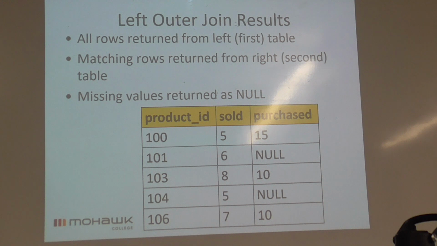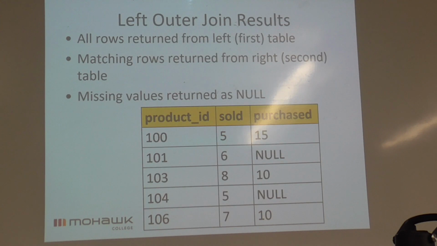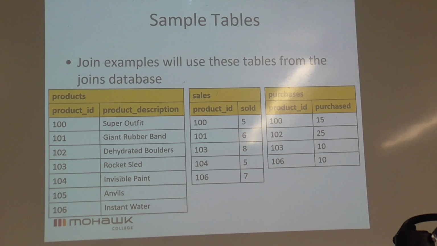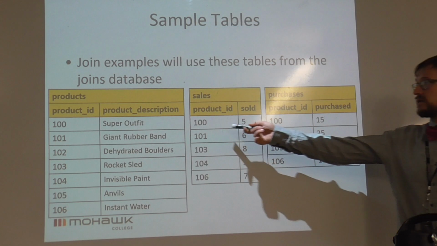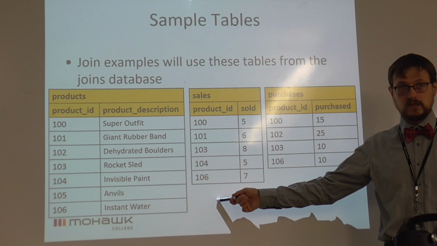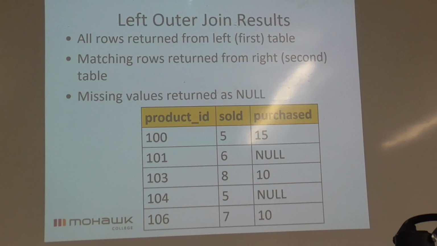Not all of the elements of the purchased table are represented in this table. In particular, element 102 is the only value not appearing in the sales table. This one is not represented in the left joined table. Does this make sense?